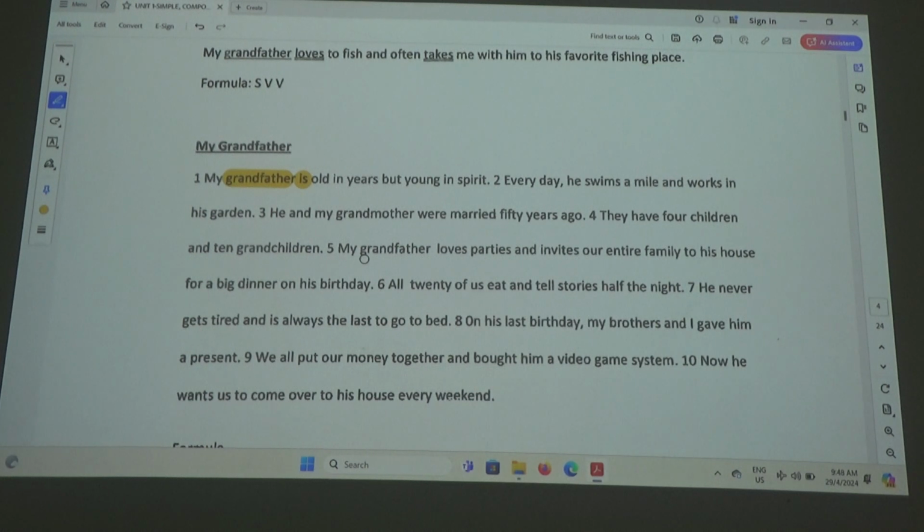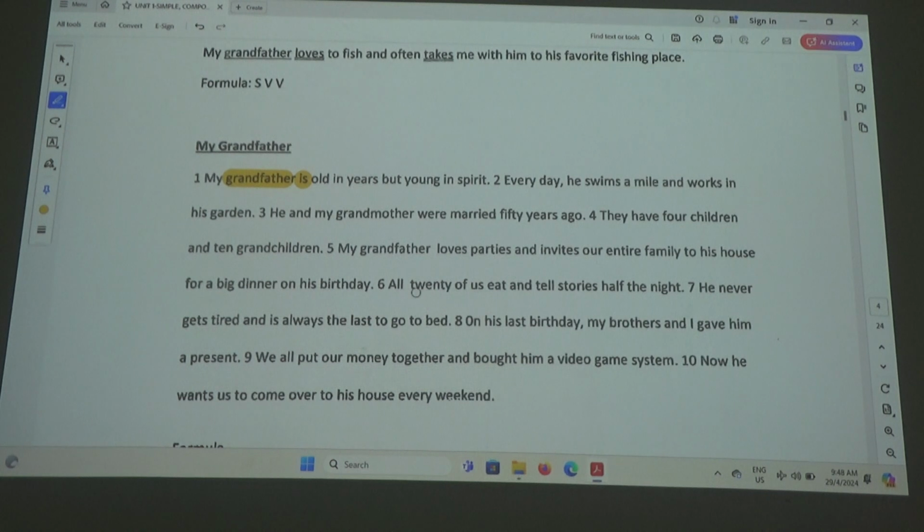Okay, subject, Amy. Okay, my grandfather. Verbs: loves, one more, invites. Any other? So what's the formula? SVV. Is that okay? So number 5 is SVV.